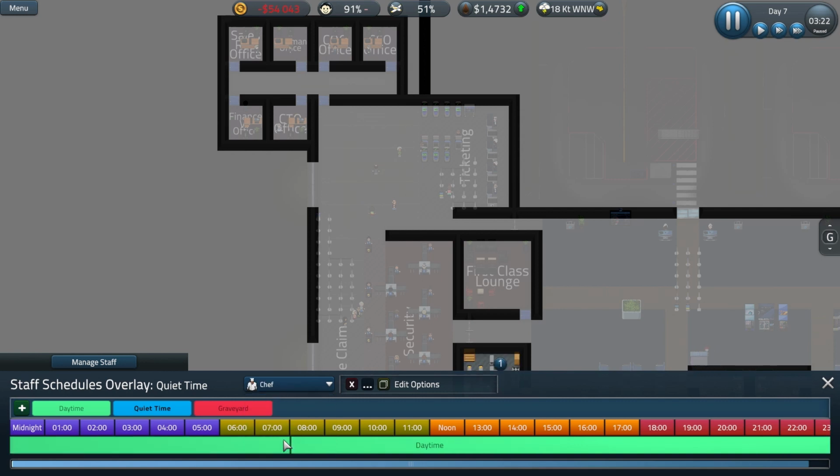Okay, we have a look at our chefs. I'm going to do something special with our chefs. I am going to create, let's call it extra time. Let's call that a high volume period, in fact. And believe it or not, I think I'm going to make that from midnight until, shall we say, 3:30 in the morning.